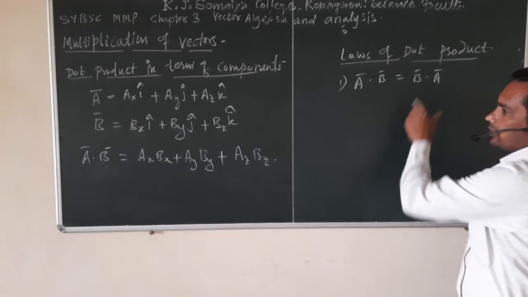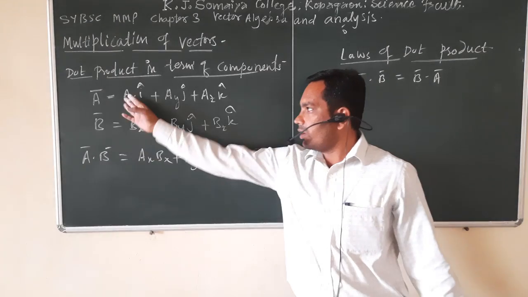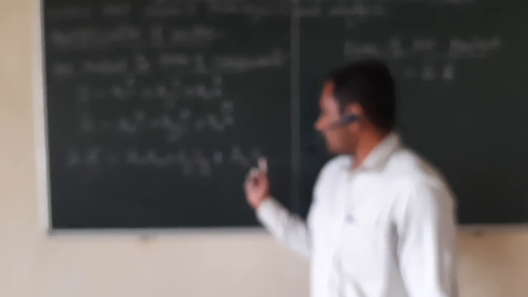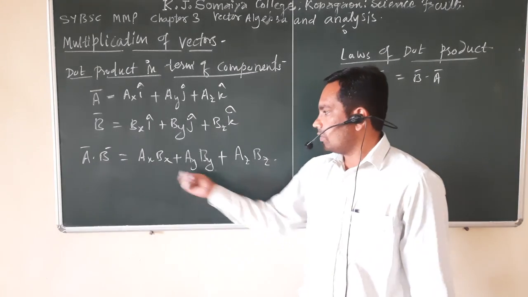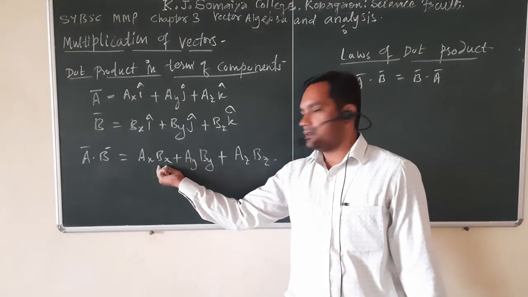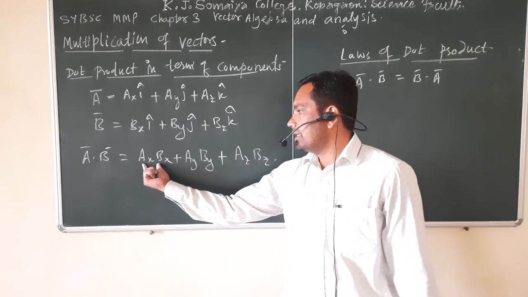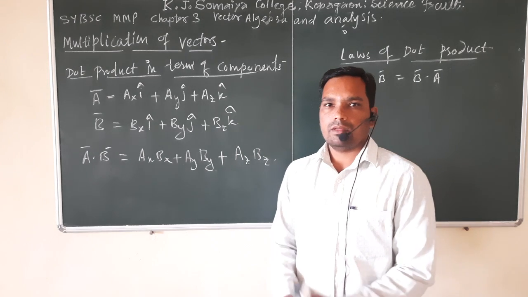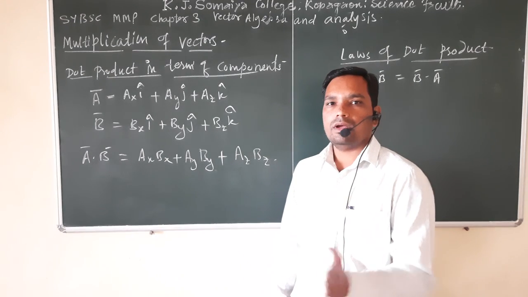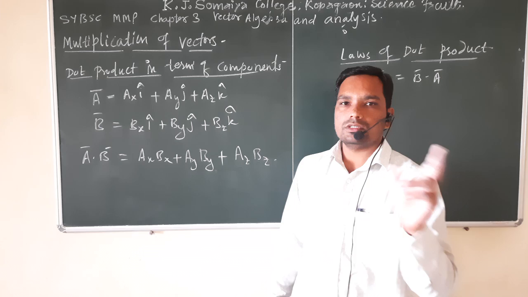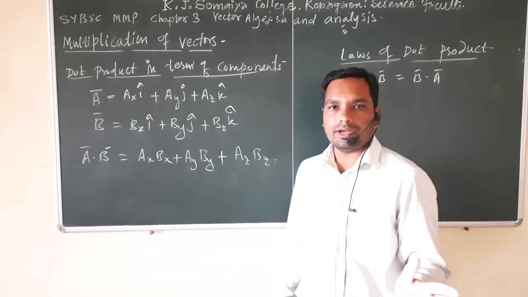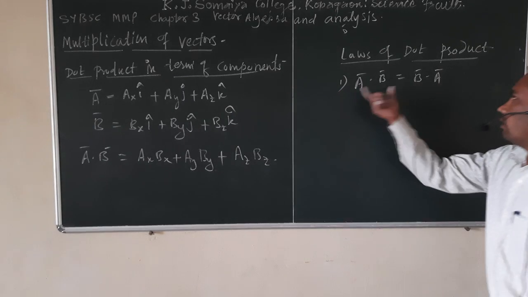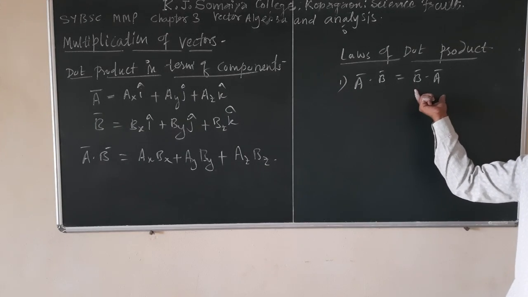This is again a scalar quantity. If you take vector B dot A, then what we will get? Bx Ax, By Ay, and Bz Az. So again, these are scalar quantities, and ax bx is the same as bx ax. Okay, why? 4 into 5 and 5 into 4, because these two, 4 and 5, are scalar quantities. So that's why we get a dot b, which is the same as b dot a.